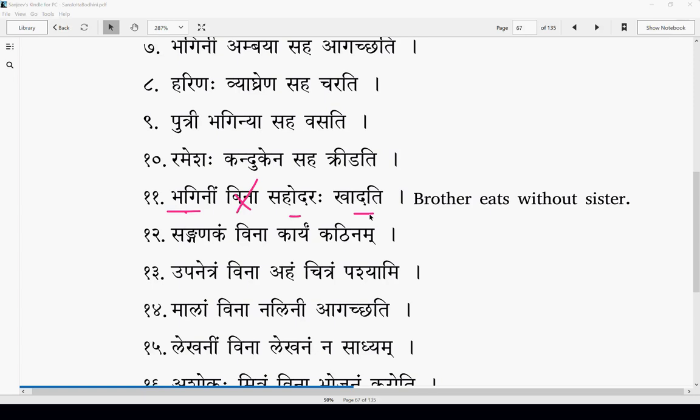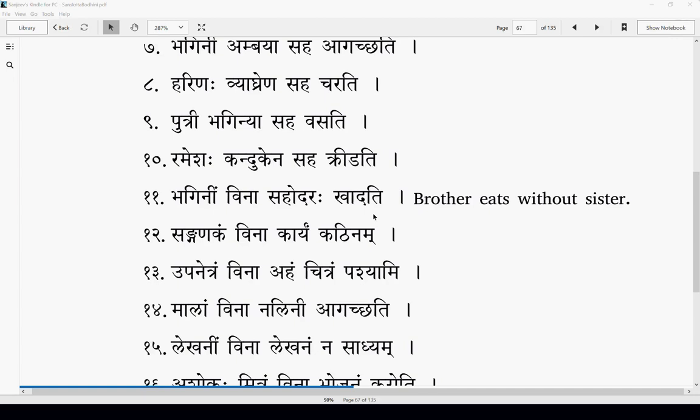Sahodaraha Bhaginim Khadati. In that case, Bhagini becomes an object, right? He is eating sister, but that is not the case here. So we want Sahodaraha Bhaginim Vina Khadati. Without his sister, he is eating something.